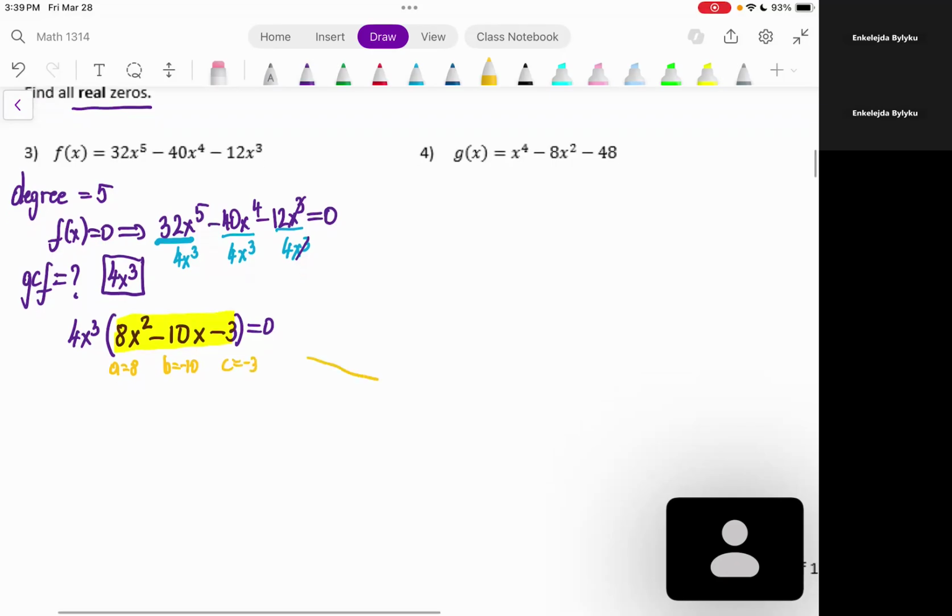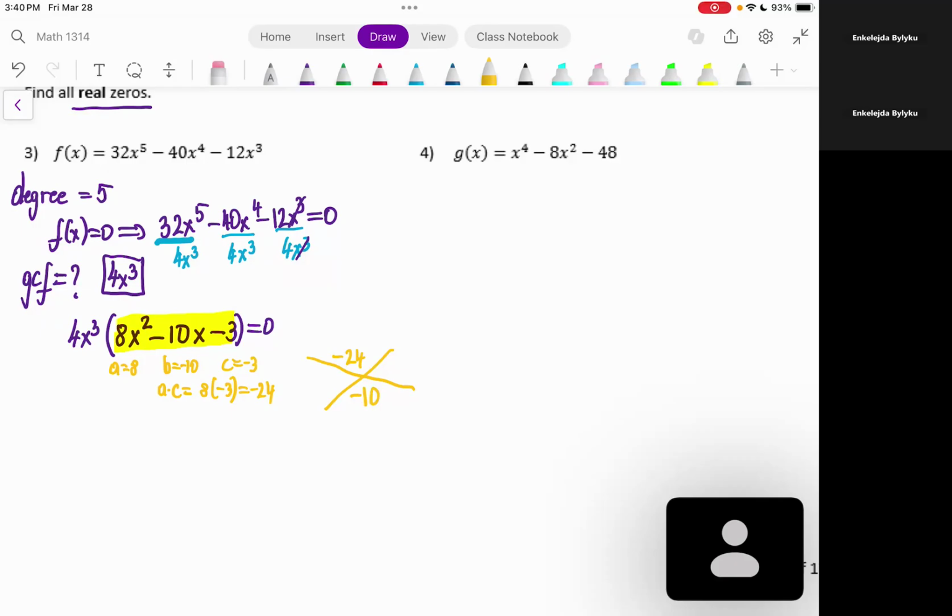We are going to look for two numbers because there are only three terms. I don't know how to factor by grouping with three terms, so we're going to look for two numbers that give us AC, which is 8 times negative 3, negative 24, and they add up to the value of B, which is negative 10.